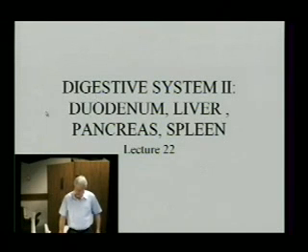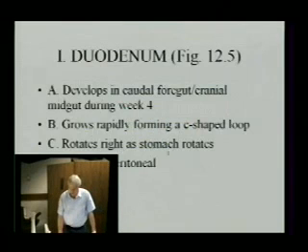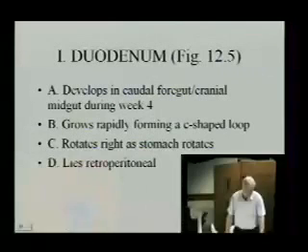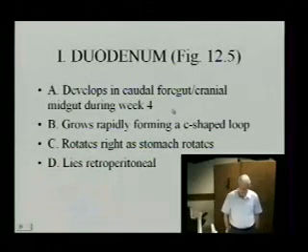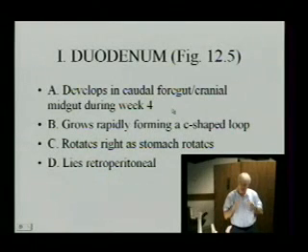So let's now talk about the development of the duodenum, the liver, the pancreas, and the spleen. The duodenum develops in the caudal foregut, but it's the cranial midgut. So the duodenum is that junction of foregut and midgut.